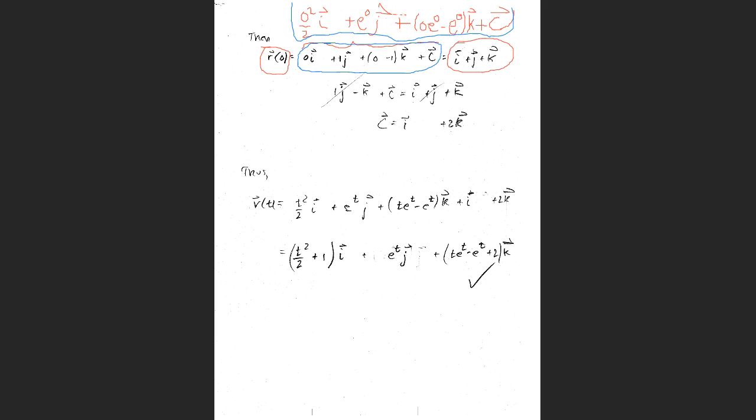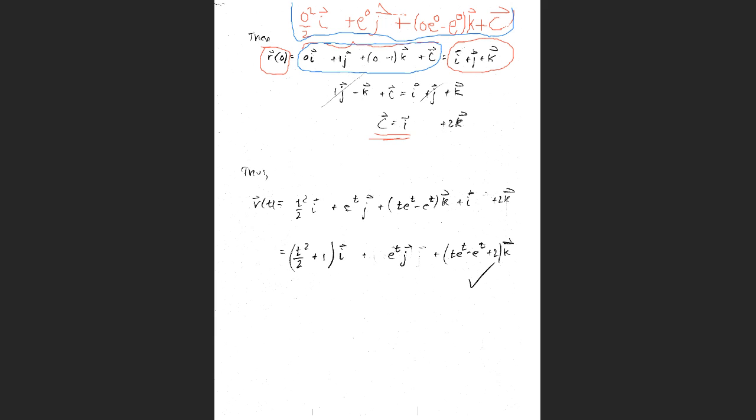How many found that step helpful? Okay, good. Thank you, John. The book leaves steps out. I'm putting them in. So we determine then that the constant vector c is equal to the vector i.